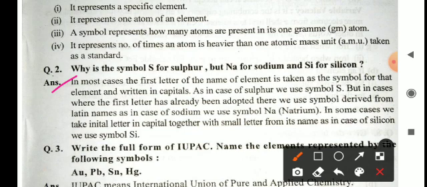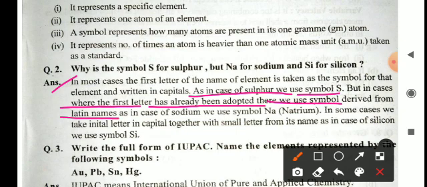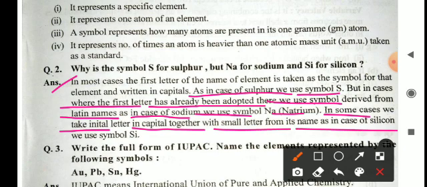In the case of sulfur we use the symbol S. But where the first letter has already been adopted, the symbol is derived from the Latin name, as in the case of sodium we use the symbol Na. Na comes from natrium. In some cases we take the initial letter in capital together with a small letter from its name, and in the case of silicon we use the symbol Si.